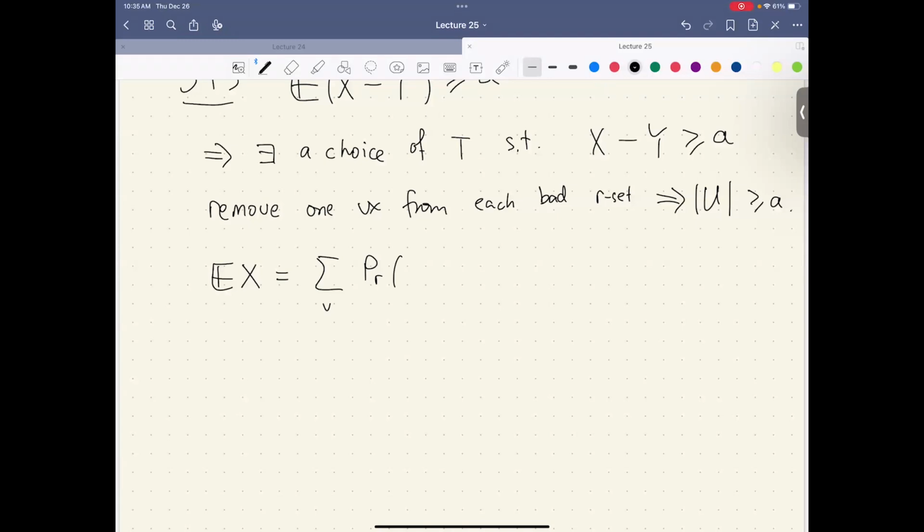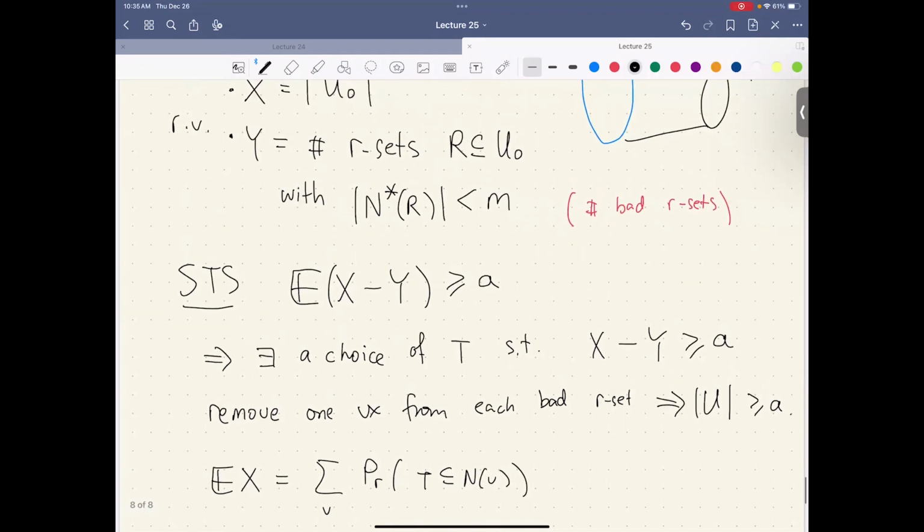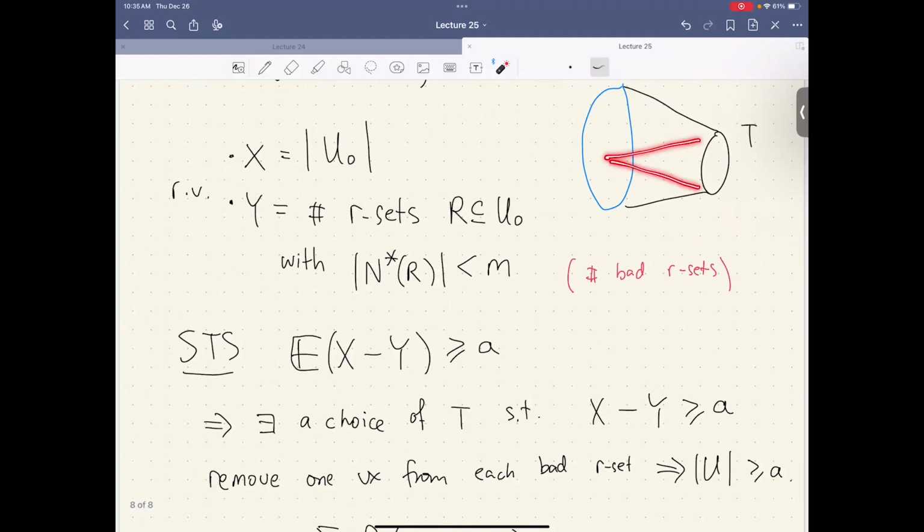That means T is in the neighborhood of V. If this vertex is adjacent to everything, then it lies here. That means T is in the neighborhood of V.